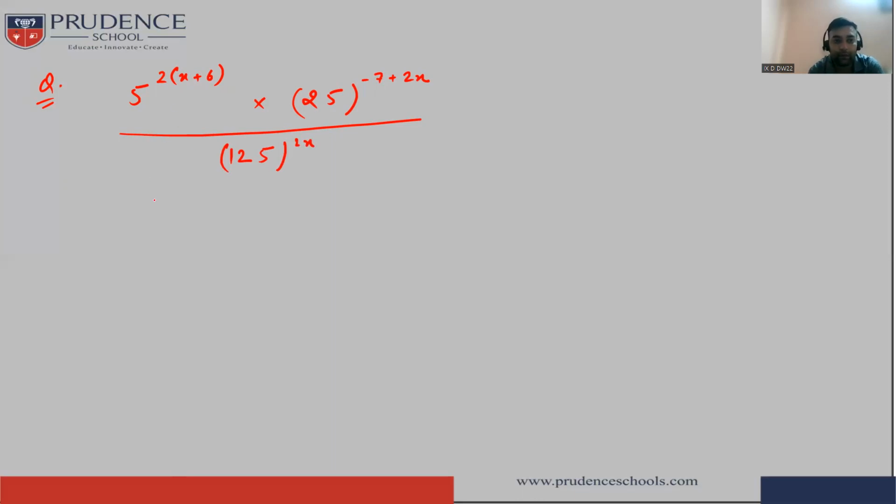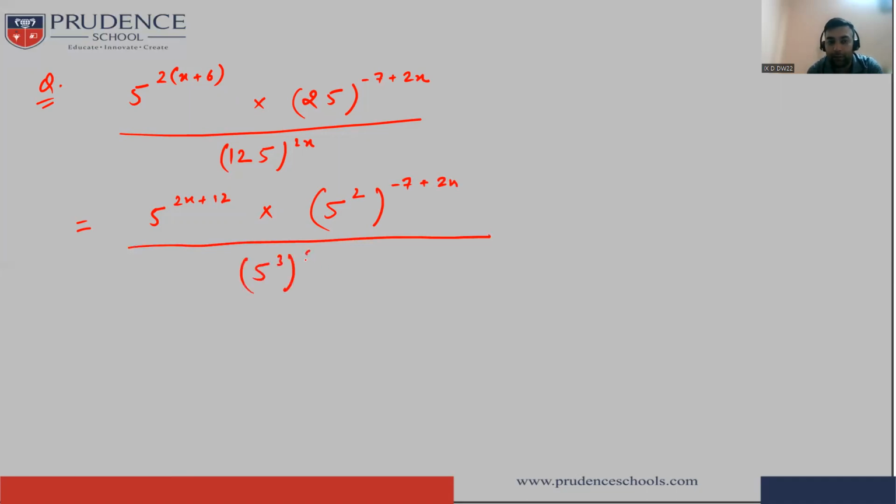So this will become 5 raised to power 2x plus 12. We have opened the bracket here. Then similarly, we can write this as 5 square whole raised to power minus 7 plus 2x divided by 5 whole cube, 5 cube raised to power 2x.